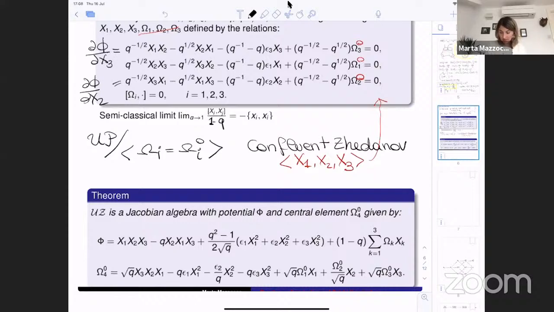The way you take cyclic derivatives is by saying, suppose I want to, for example, take the x2 derivative. You cyclically permute first in such a way that the quantity you want to differentiate is, for example, on the right. So I need to cyclically permute. I will get x3, x1, x2 minus q. No, x1, sorry.